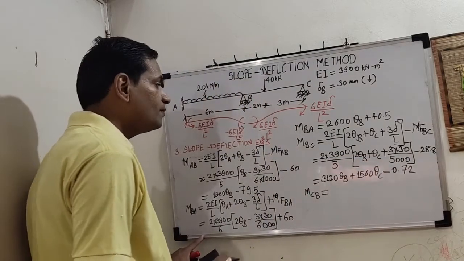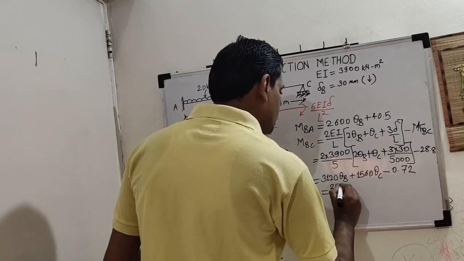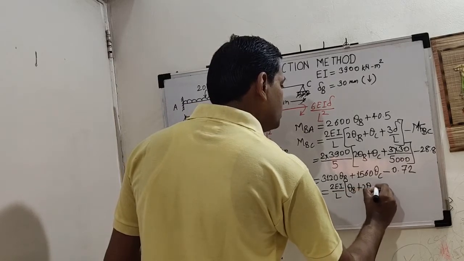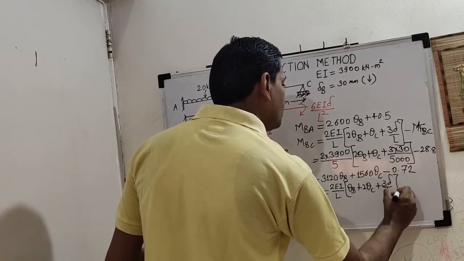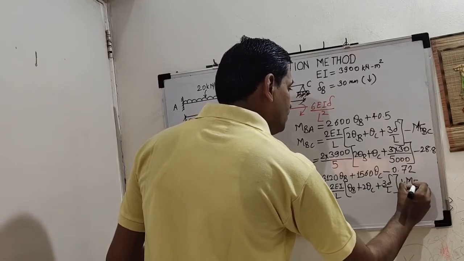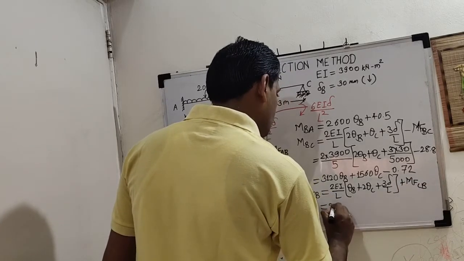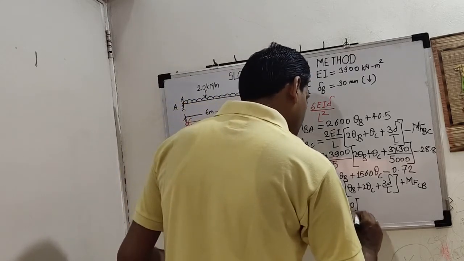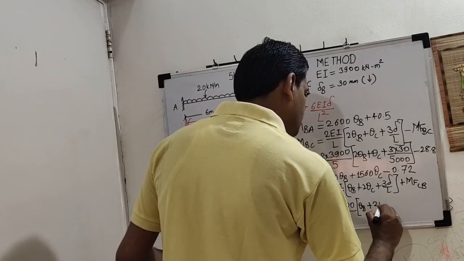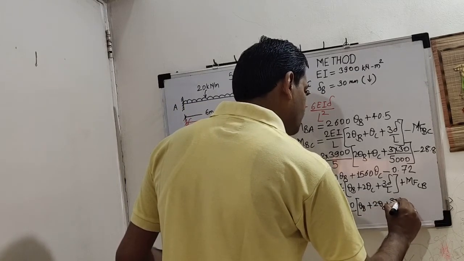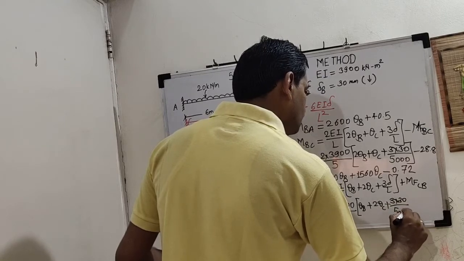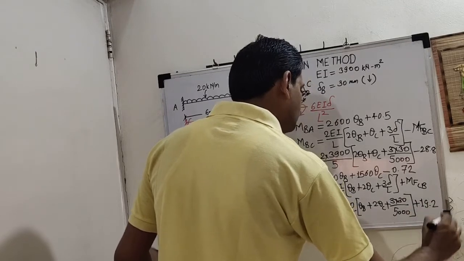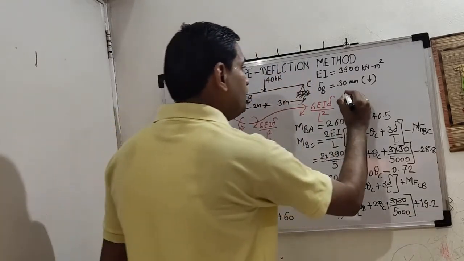Next, MCB. What is MCB? 2EI by L into bracket theta B plus 2 theta C, again here is plus 3 delta by L, and MFCB. So 2 into 3900 upon 5 into theta B plus 2 theta C plus 3 into 30 upon 5000 plus 19.2. Correct? I will write MCB here.